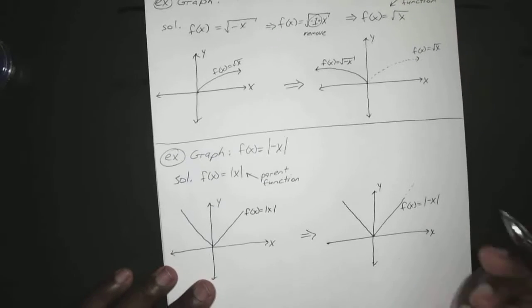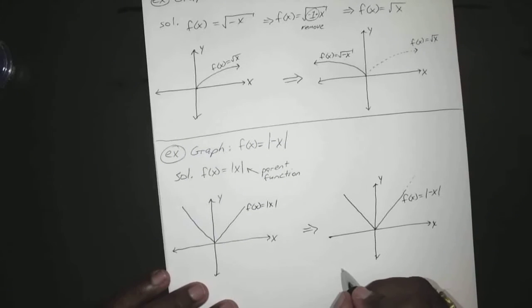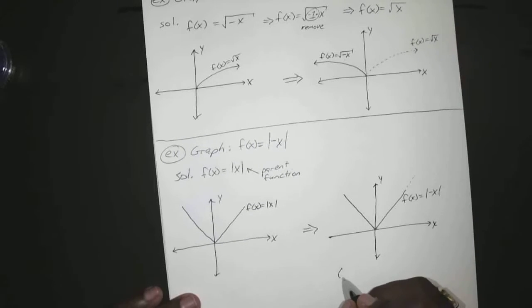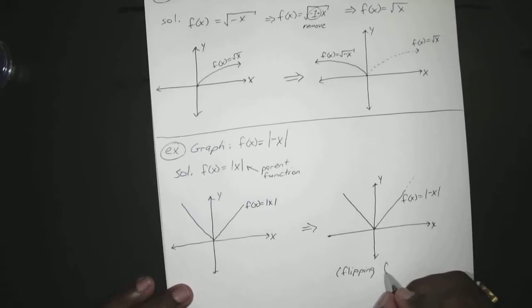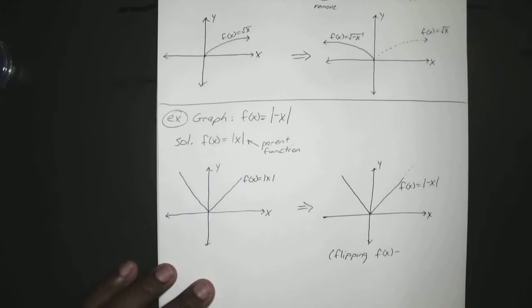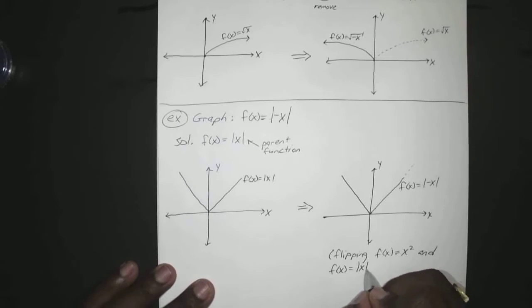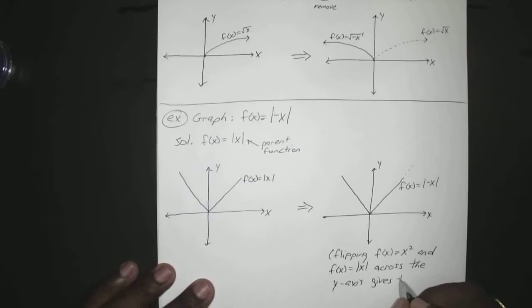Okay, so you kind of think of it as flipping a v. Flipping f of x equals x squared and f of x equals absolute value of x across the y-axis gives the exact same graph.